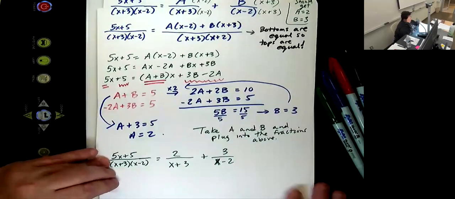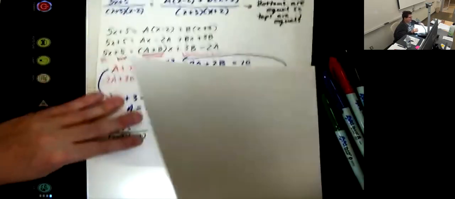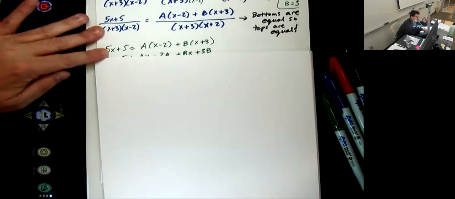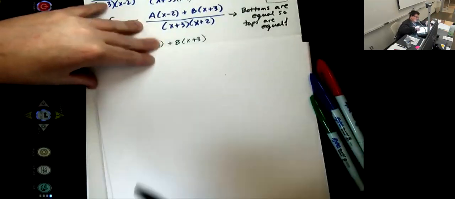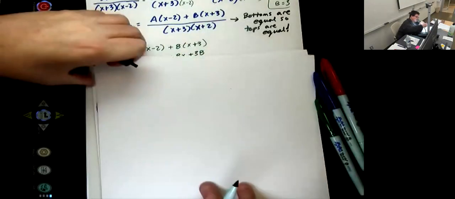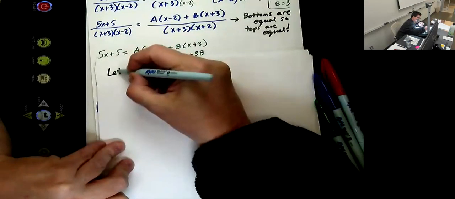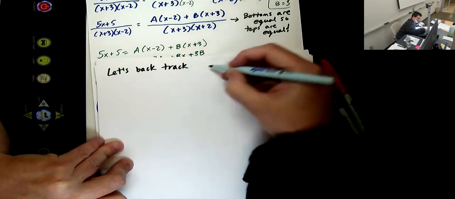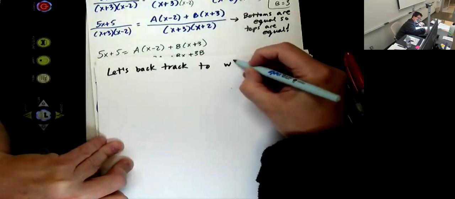Okay. So I want to show a faster approach here. I'm going to come back up here to the 5x plus 5 equals a times x minus 2 plus b times x plus 3. So let's backtrack to when we compared the tops.